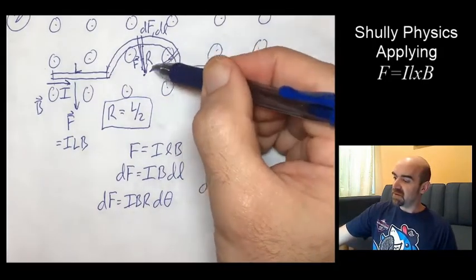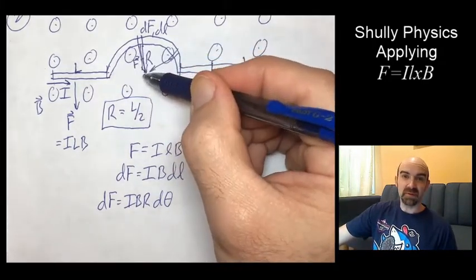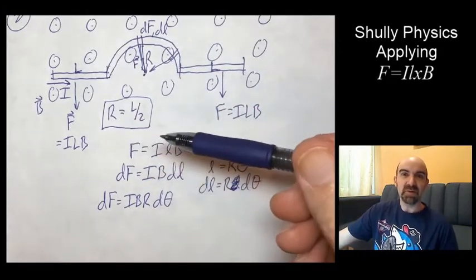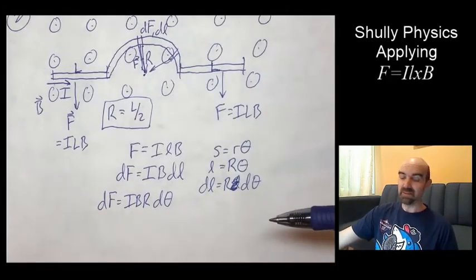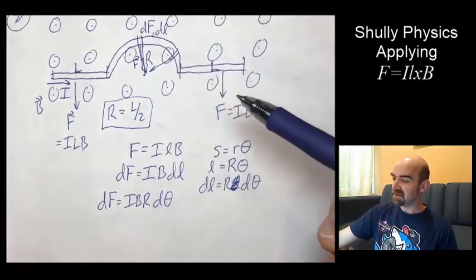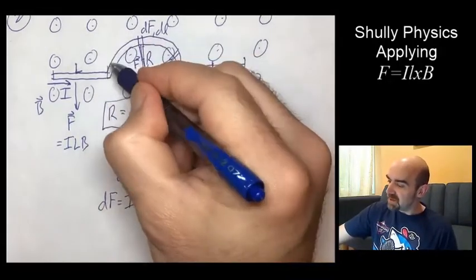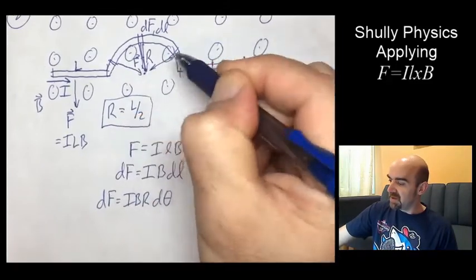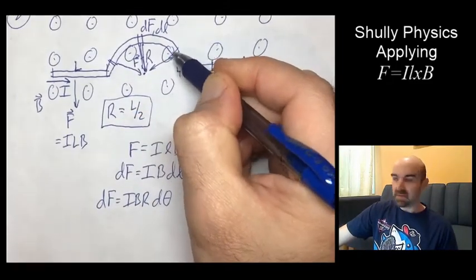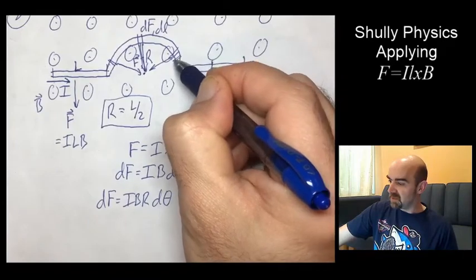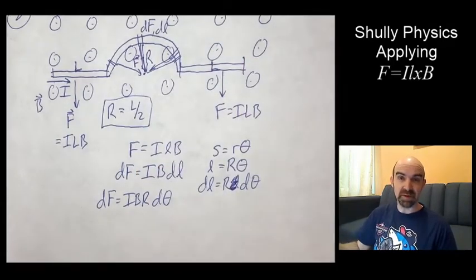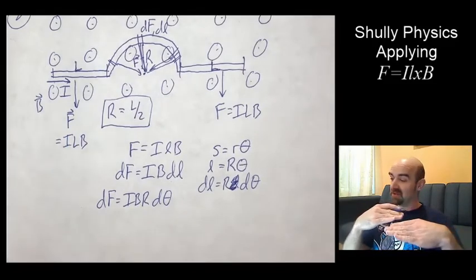Now, if the force is always pointing towards the center, what can we say about the x component of the force, the net force due to the x components, if we add them all up, those little dF's? Well, on this side, the little segment here will be pointing down and right, and the little segment over here that's at about the same angle is pointing down and left with the same magnitude but opposite x direction.